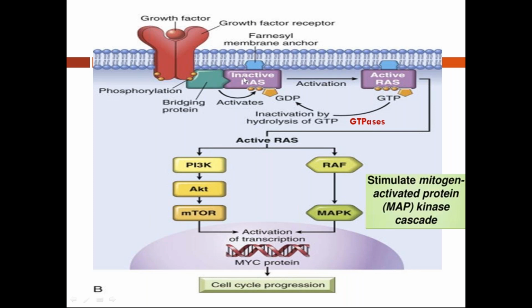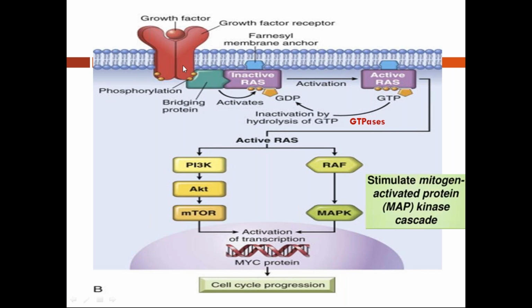Now the normal function: when the growth factor is not attached to the growth factor receptor, this RAS protein is in an inactive state. What keeps it inactive is guanosine diphosphate, which is attached to the RAS protein.